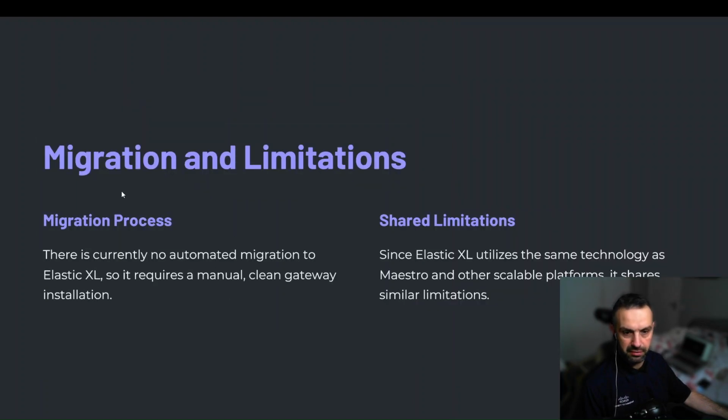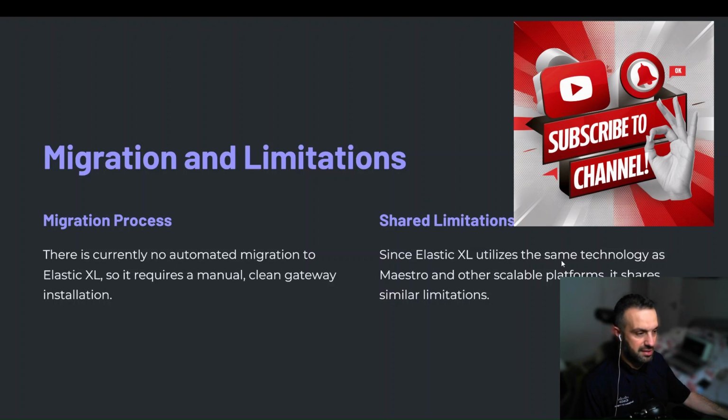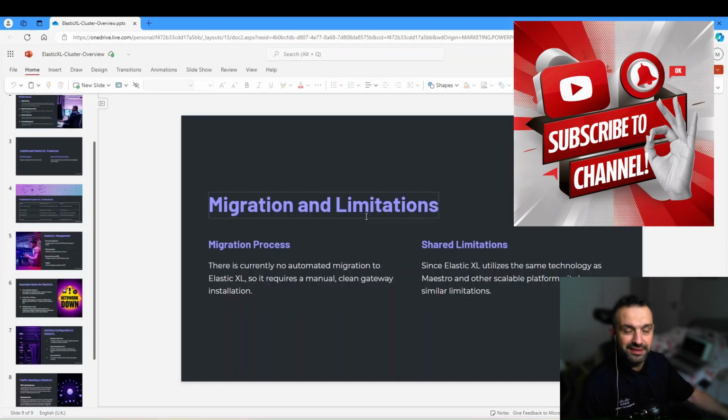Okay, so migration and limitations. There is currently no automated migration to ElasticXL. So that's very important. It requires a manual clean gateway installation. So shared limitations: since ElasticXL utilizes the same technology as Maestro and other scalable platforms, it shares similar limitations.